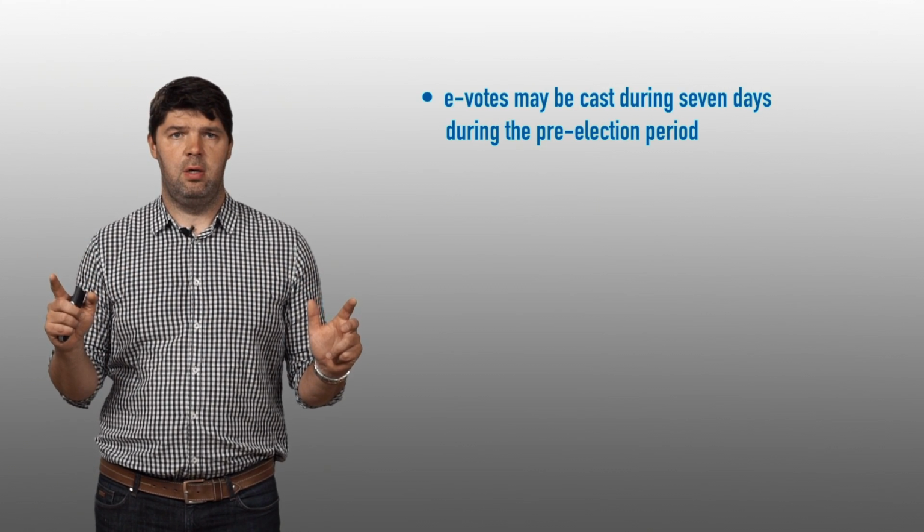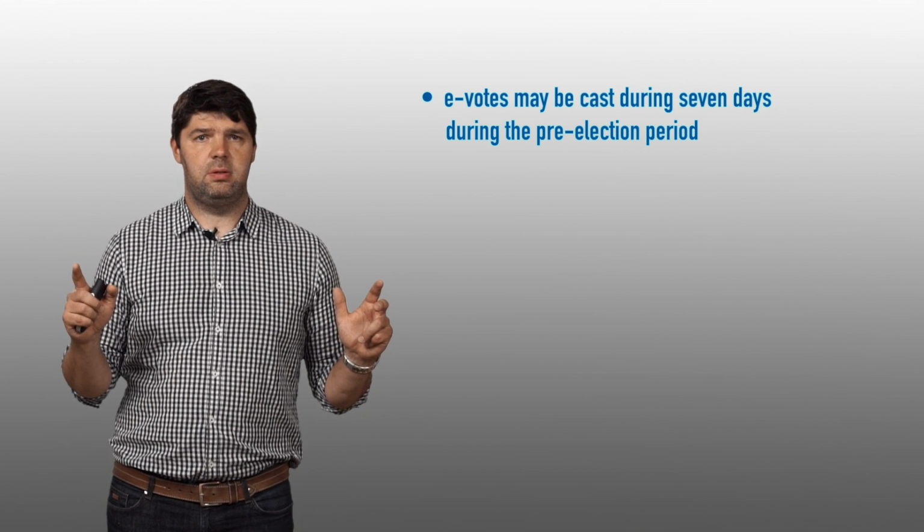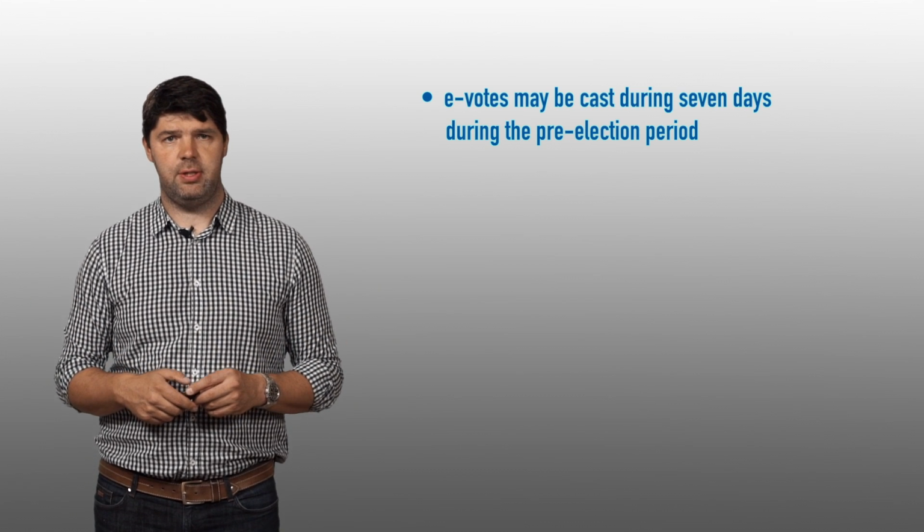I want to go through these principles one by one, as they really constitute the common understanding of how internet voting is set up in Estonia. So the first one is the time framework of internet voting. This principle states that e-votes may be cast during 7 days, from the 10th day until the 4th day before the election day.